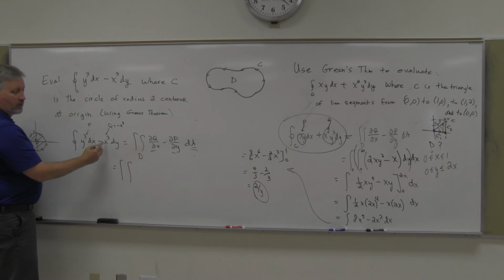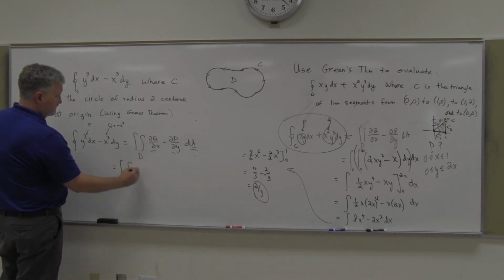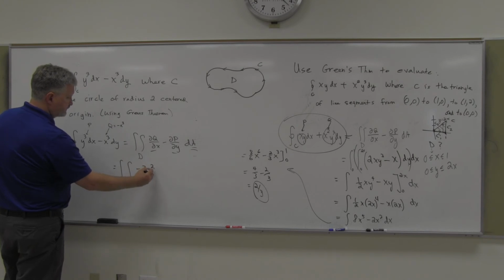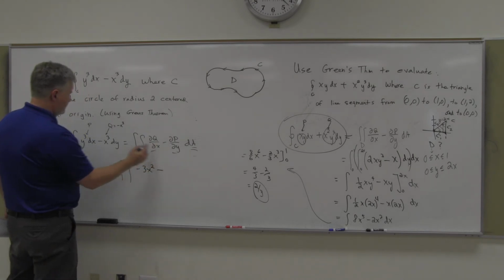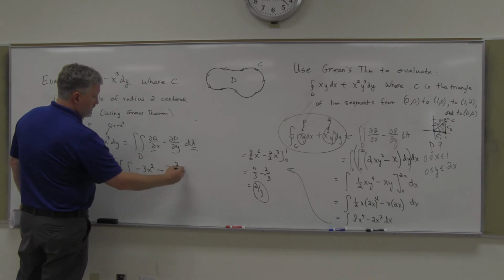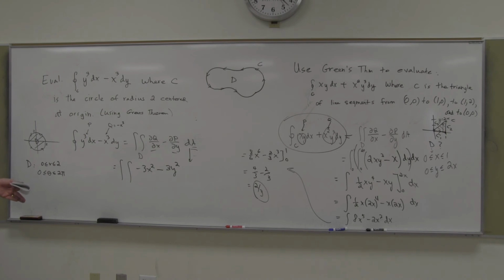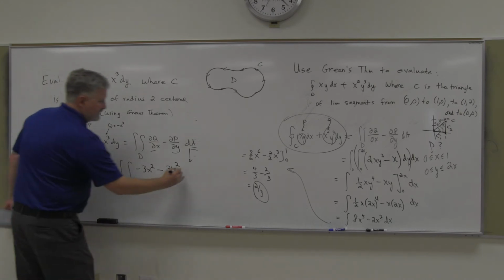So the partial of Q with respect to x would be negative 3x squared, minus the partial of P with respect to y, which is minus 3y squared. And then dA. We're reviewing when we go to polar what we do for dA. Yeah, it's dr d theta, but what else? r dr d theta, yeah.